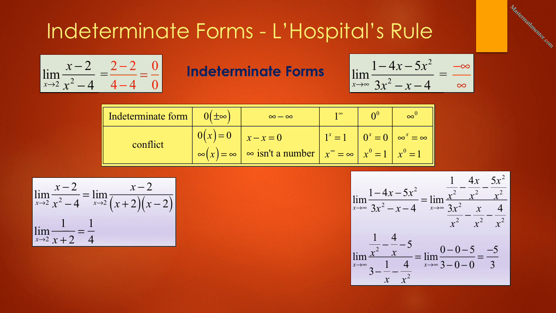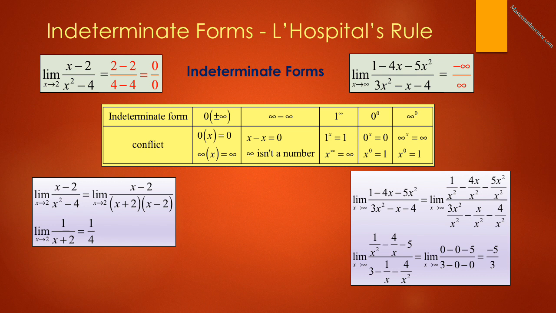So we get the limit as x approaches infinity of 1 over x squared minus 4 over x minus 5 all over 3 minus 1 over x minus 4 over x squared.